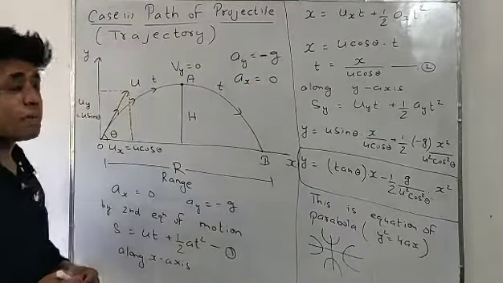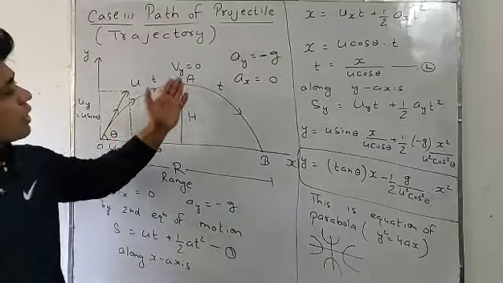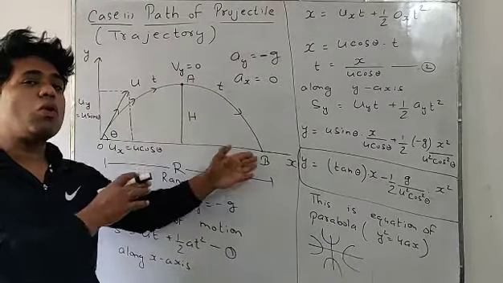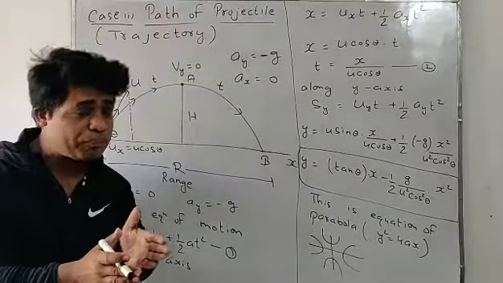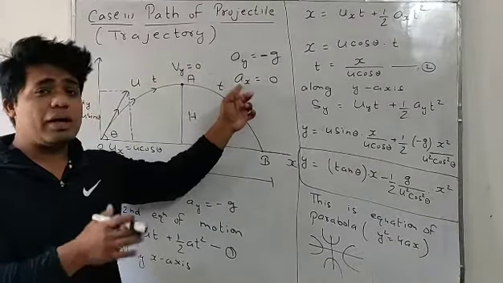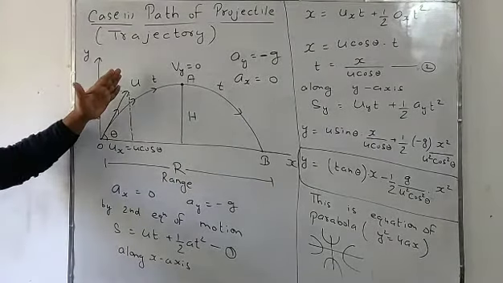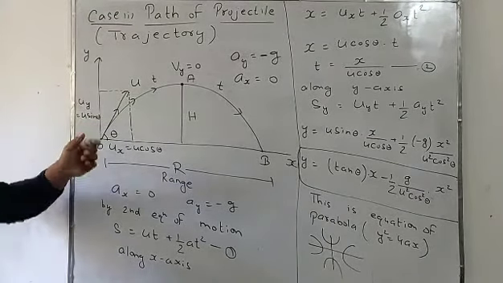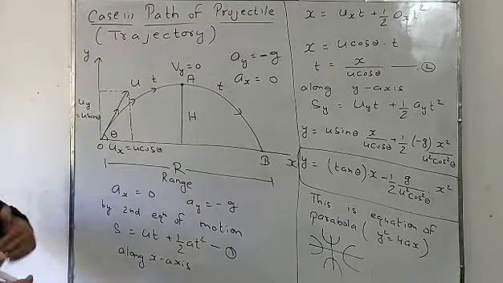What is the meaning of ax? Acceleration along the x-axis. The particle is moving vertically. No doubt it finally reaches the ground, but it is moving vertically. There is no acceleration along the x-axis, so ax should be 0. u is the initial velocity. We took two components, horizontal and vertical: u cos theta horizontal, u sin theta vertical.